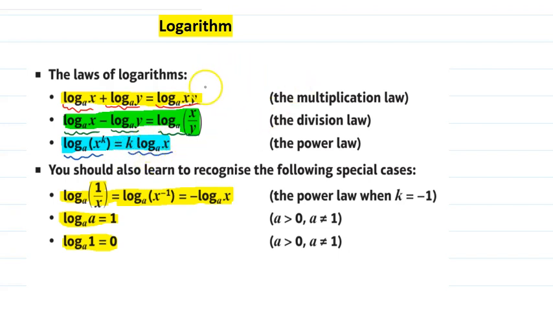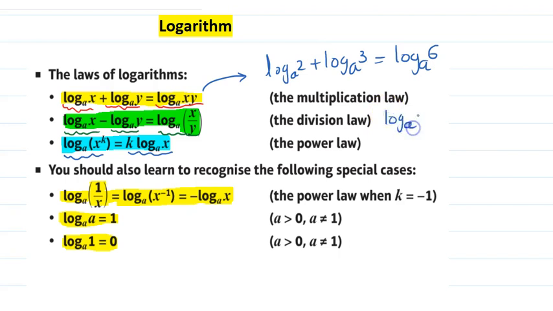So if I want to give you one example on this, if it is log base a 2 plus log base a 3, then you can write log base a 2 times 3, that is 6. Similarly, if there is a minus sign, like log base a 10 minus log base a 5, then you can write log base a 10 over 5 using this rule.